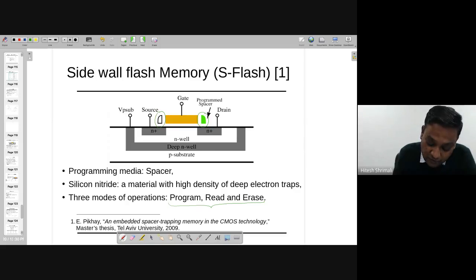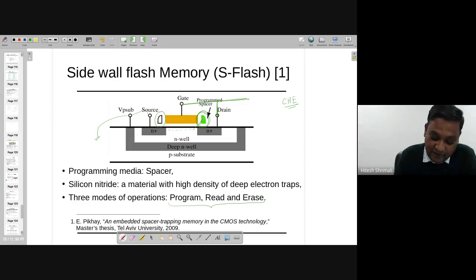If you want to program this, you need to have the channel hot electrons get attracted. For that, you can apply very high gate and drain voltage, and source and body to ground, so that you will have a current, and some extra electrons will be attracted over here and trapped in this sidewall structure. So it depends which side you are taking as drain or source. Accordingly, things will be programmed.